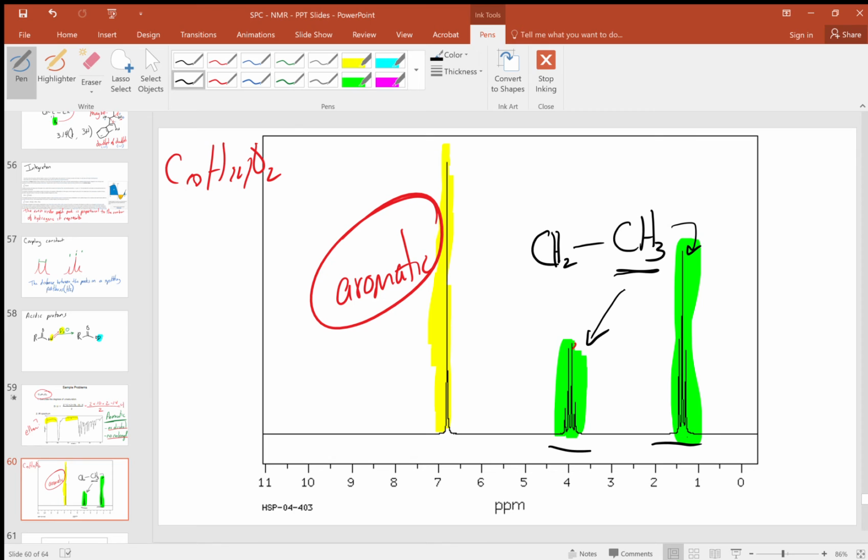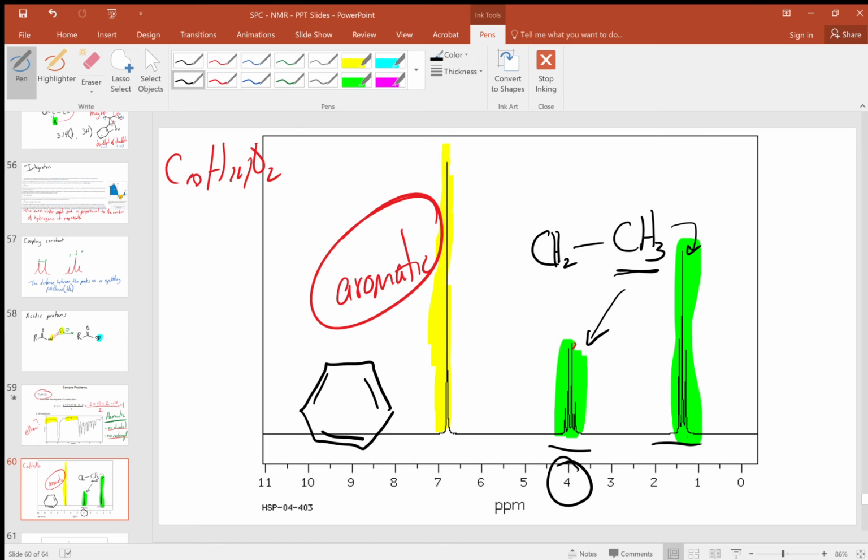Now, where do we go from here? Because we've identified an aromatic, so that's 6 carbons. We've also identified an ethyl group. But the other piece we can still get is that the ethyl group has to be attached to something electronegative because it's showing up at 4 ppm.